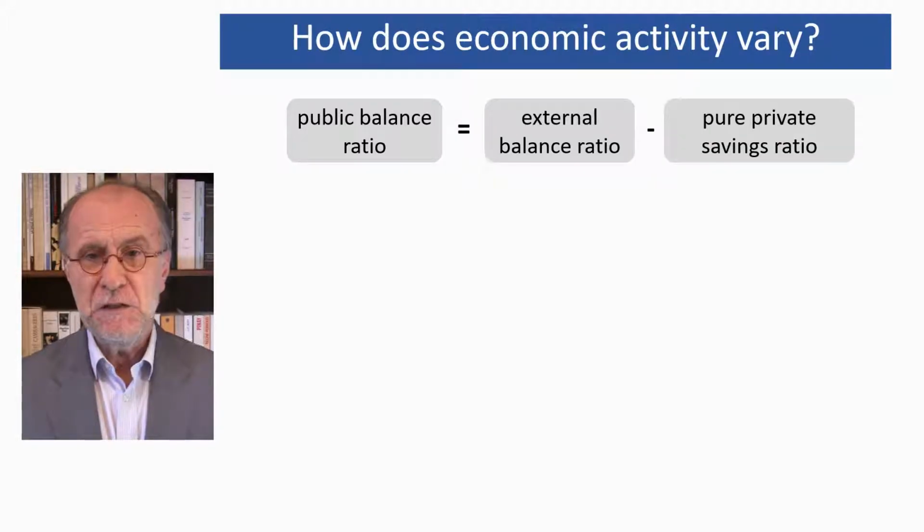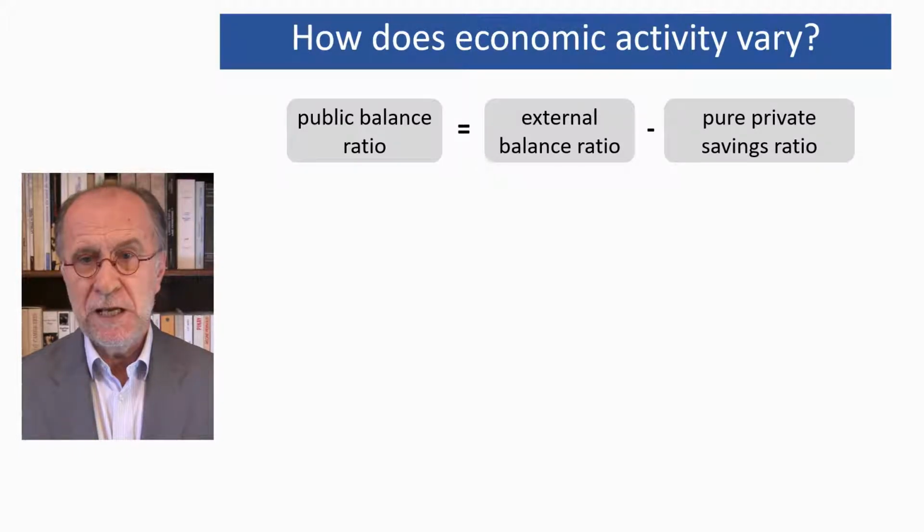In the deficit video, I explained that the sector's balance is the difference between all the revenue and the expenditure generated by its economic activity, and its balance ratio is the balance over GDP. I use that relationship to explain how the public balance is formed.